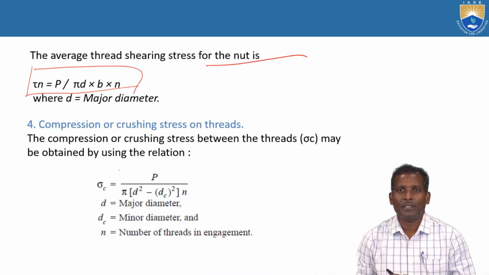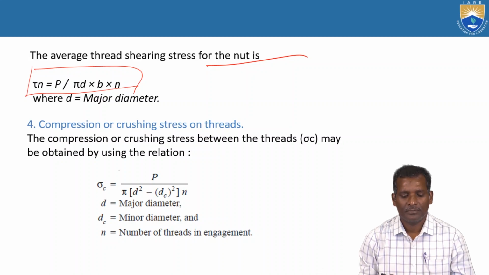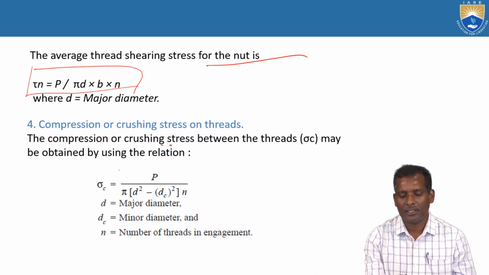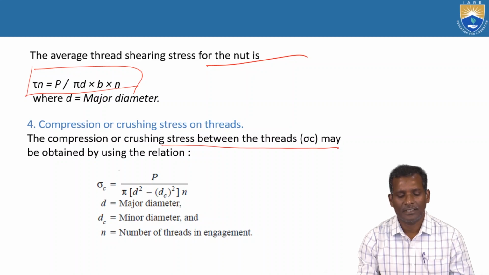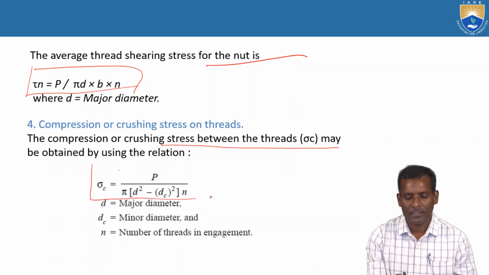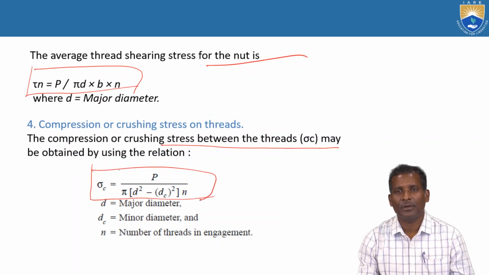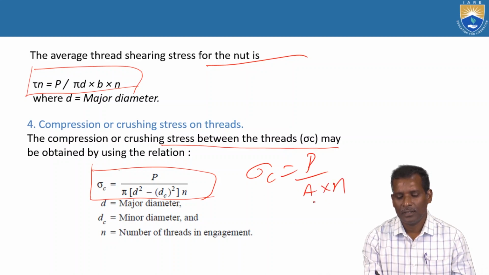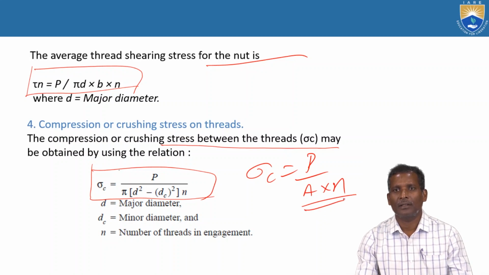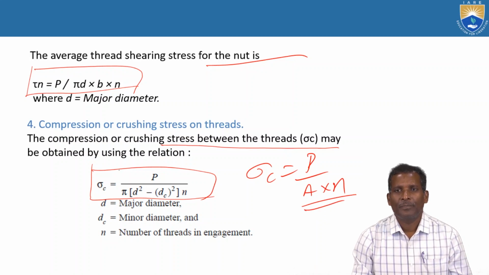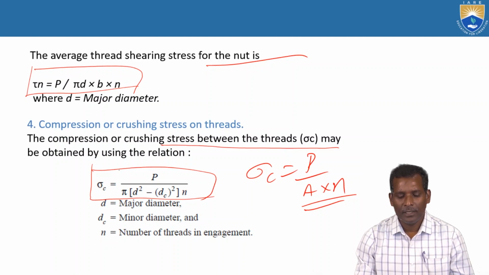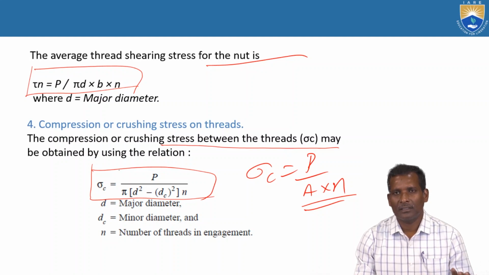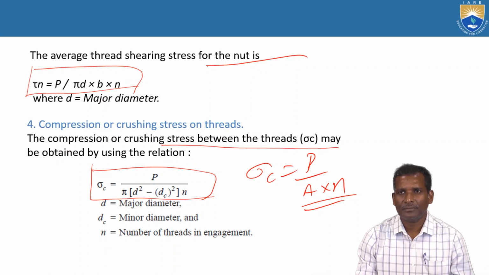The fourth one is compression or crushing stress. Crushing stress is induced between the threads. You may calculate the crushing stress by using this formula, load upon area, where n is the number of threads. This area is the crushing area.